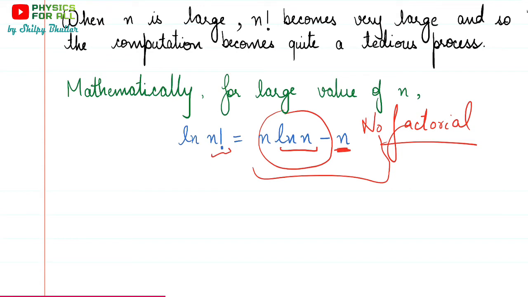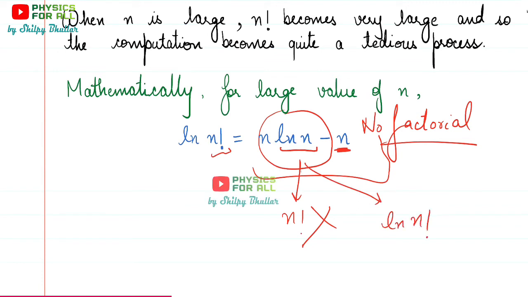People often confuse that whatever answer is obtained here is equal to n factorial. But no, actually it is equal to the natural log of n factorial. And if you want to find n factorial, then you have to take the antilog of this ln n factorial.